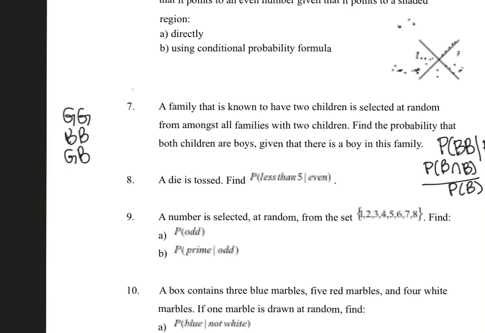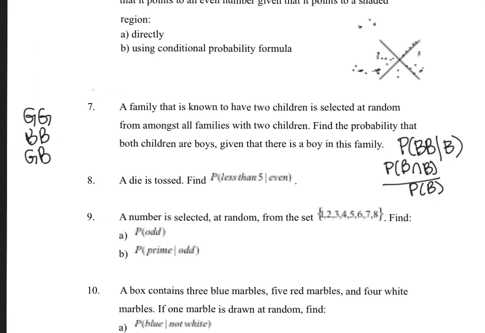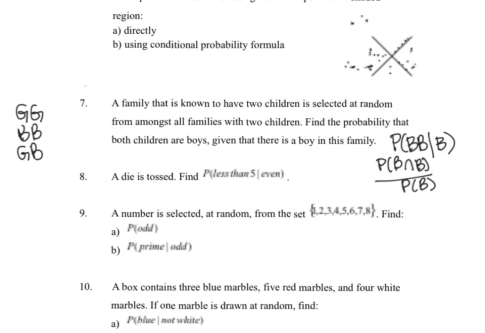Okay, so there are 3 possibilities here with 2 children. So the probability that both of them are boys, okay, is 1 out of 3.